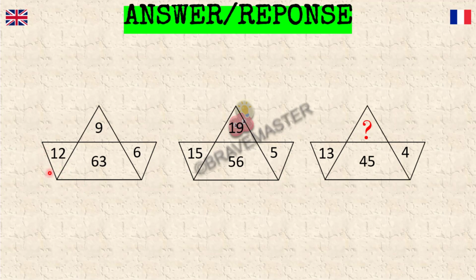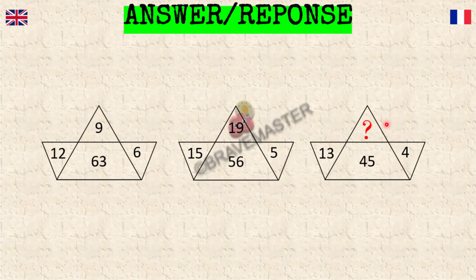So in this particular case, the multiplication of 12 and 6 will give you 72, and the sum of these two is 72. Same here, 15 times 5, that's 75, and it equals the sum of these two.